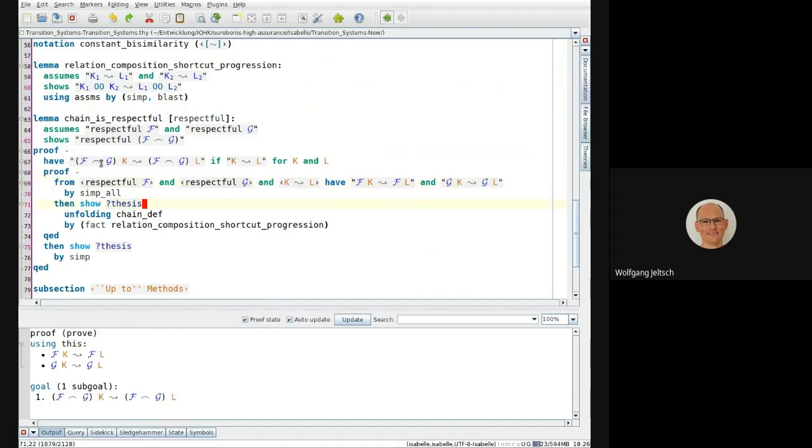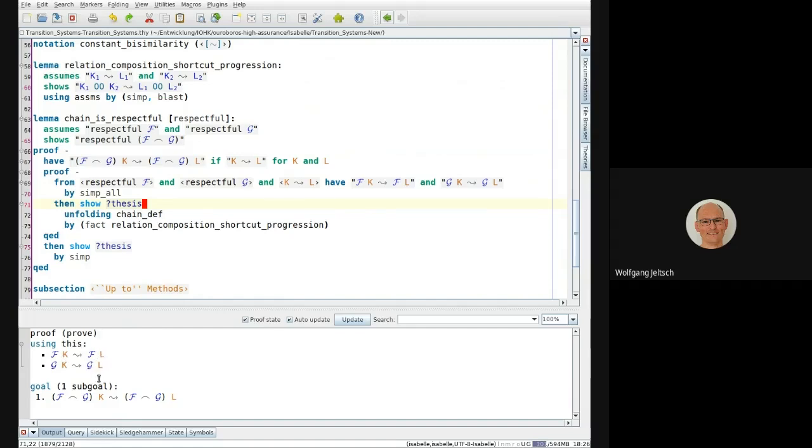And then we can show the thesis, and this follows from the preservation of shortcut progression by composition, right? So from these two things, which we feed here by the then, we get by this lemma above that FK composed with GK shortcut transitions to FL composed with GL.